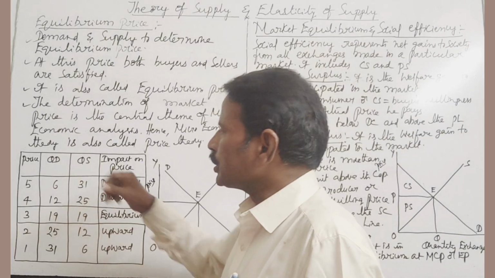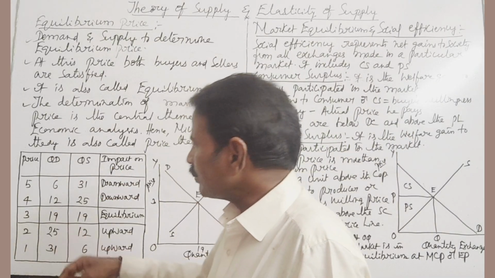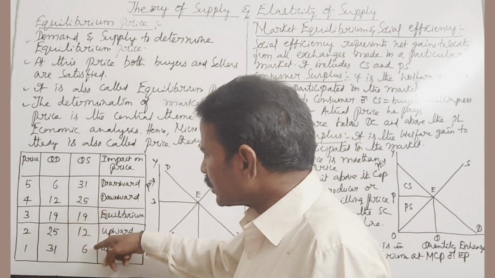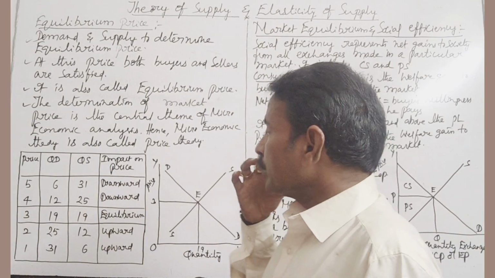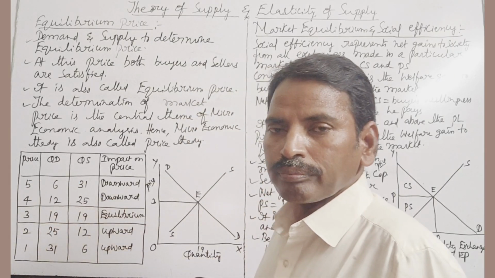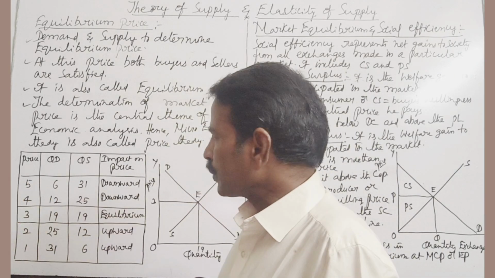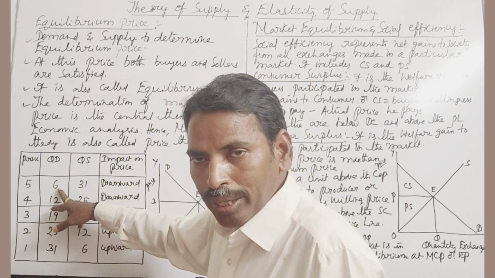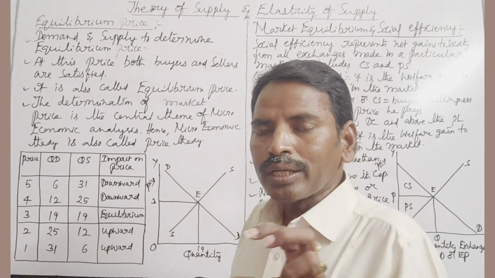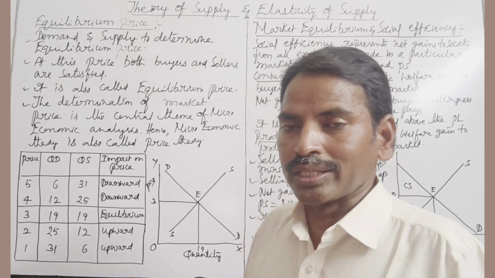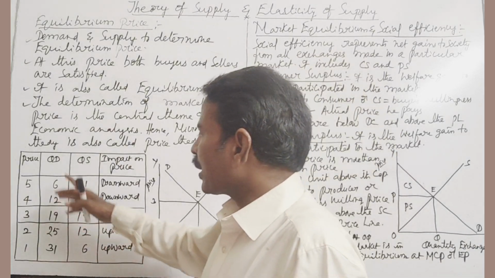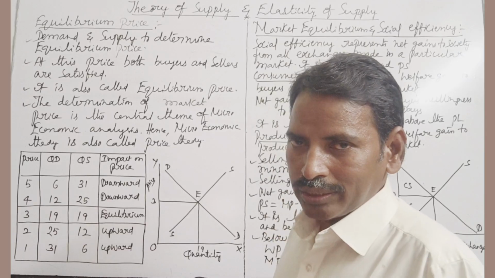If we observe this table, as price falls, quantity demanded rises and quantity supplied falls. So if the price is 4, quantity supplied is more than quantity demanded. There is competition among the sellers, so price decreases.